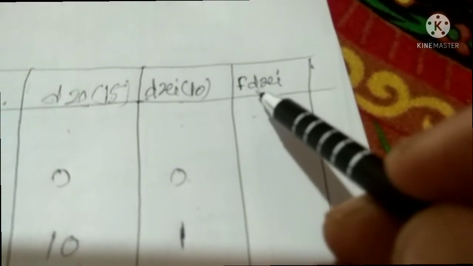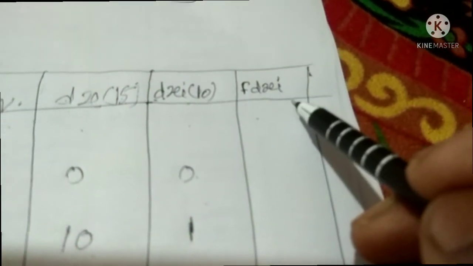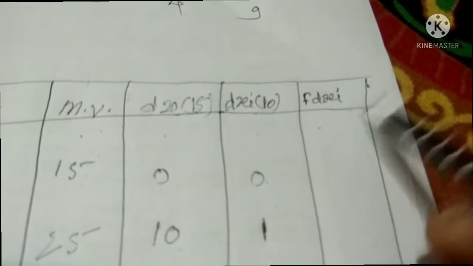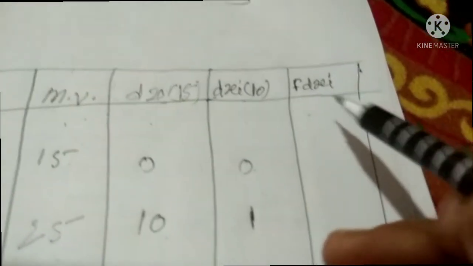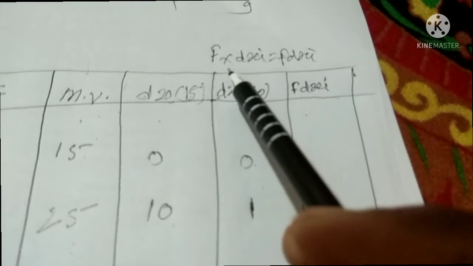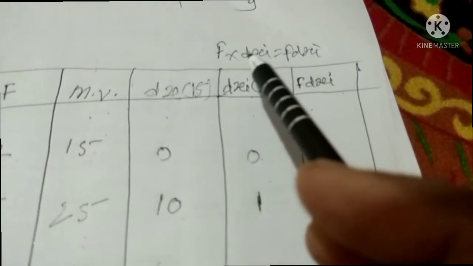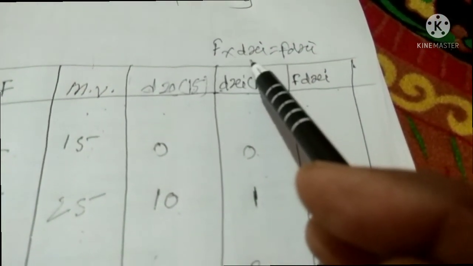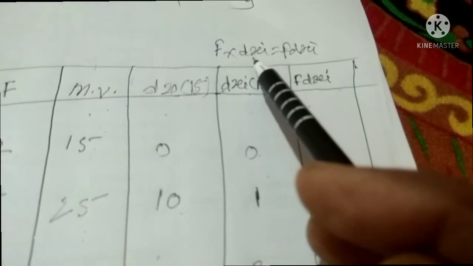Now we have to make the fdxi series. In the last video we already discussed how the fdxi series is made. So once again I repeat: f into dxi equals fdxi, meaning every figure of the f series is multiplied by the same figure of the dxi series.